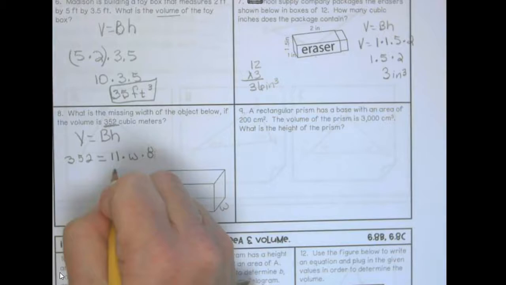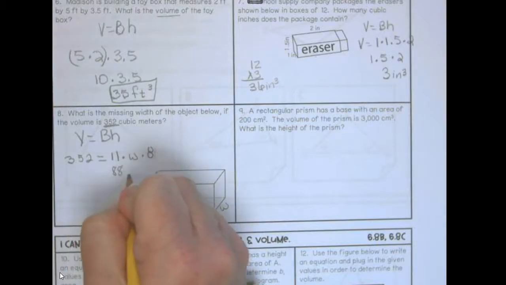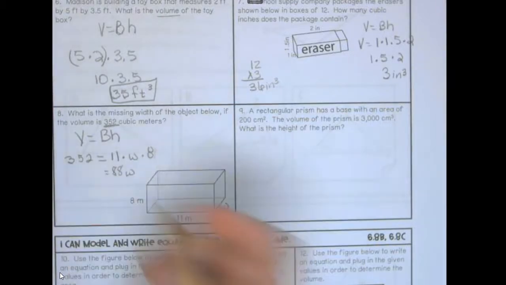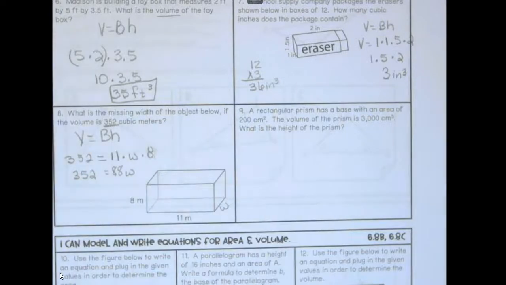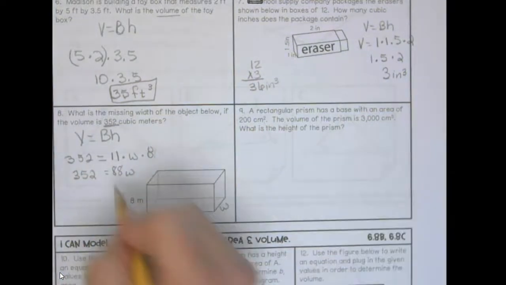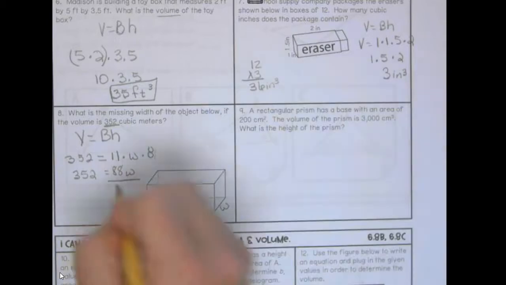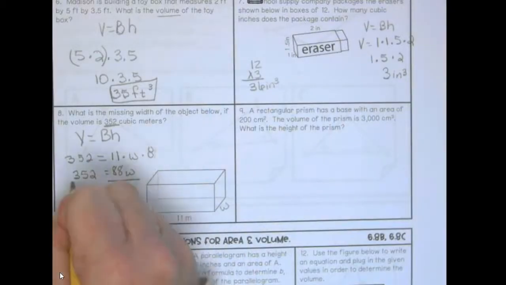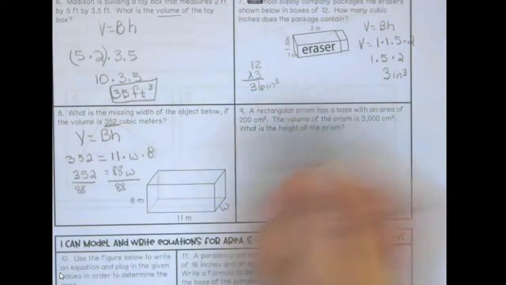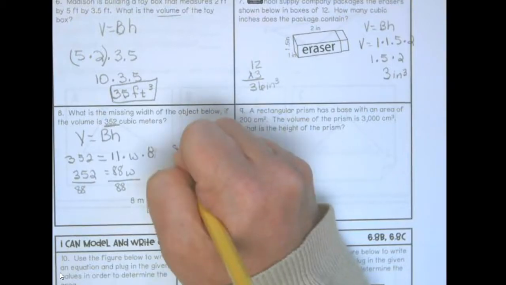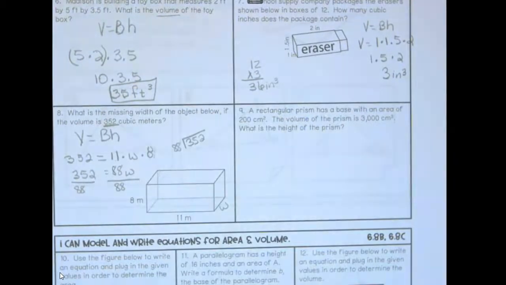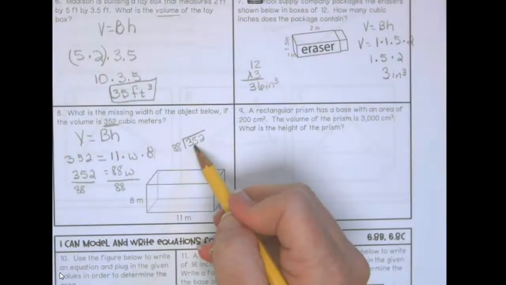11 times 8 is 88W equals 352. So to find out what W is, I have to divide by 88. 352 divided by 88. 8 times 4 will give me 32, so that's kind of close.